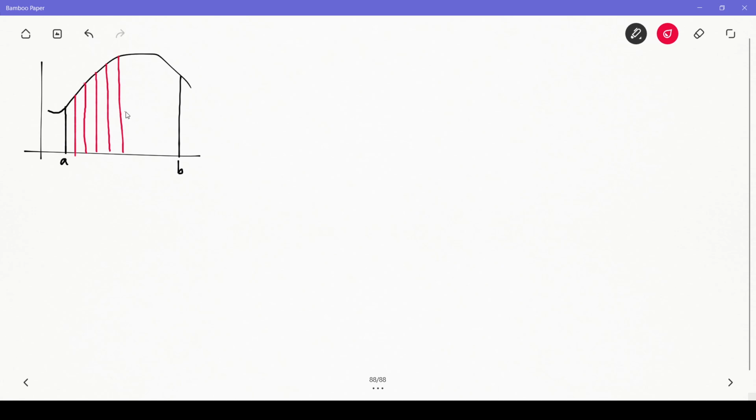So I'll just put dot dot here. This means that there are many other segments in between them. And let's try to draw the last few segments, roughly something like this.